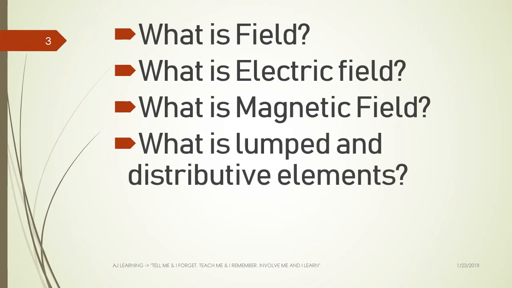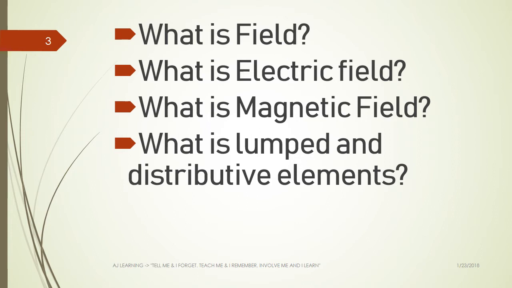What is lumped and distributed elements? So the term is lumped. Lumped is that type of circuit in which the element's size is much smaller than the wavelength of the applied voltage and current. Or simply I can say they are mainly represented with the help of differential equations.